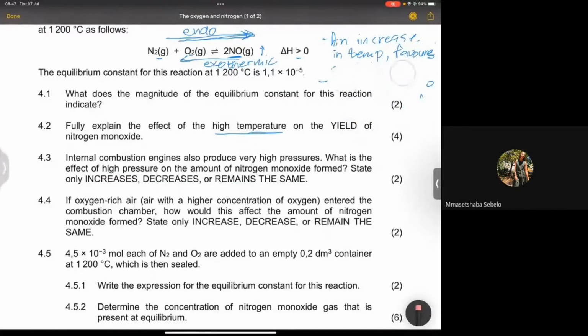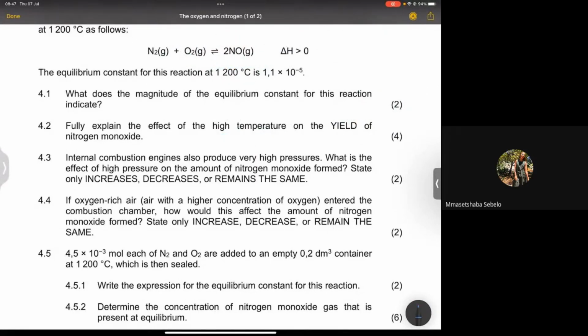When we are looking at pressure, before you can answer anything that has to do with pressure, you must always look at the number of gas moles on the left and on the right-hand side.